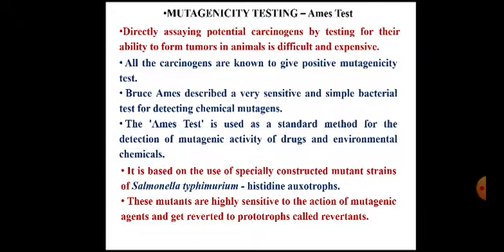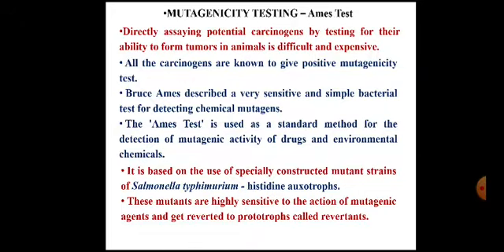So these mutants are highly sensitive to the action of mutagenic agents and they get reverted to prototrophs called revertants. That means if these mutants are exposed to carcinogens or mutagenic agents, they revert to the parental type.